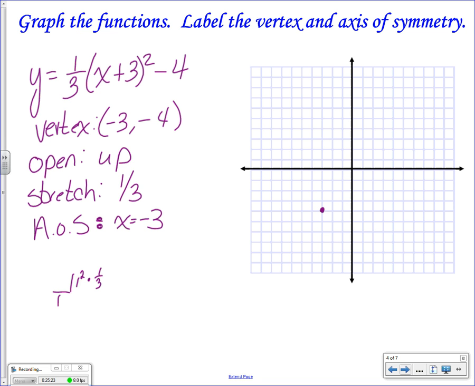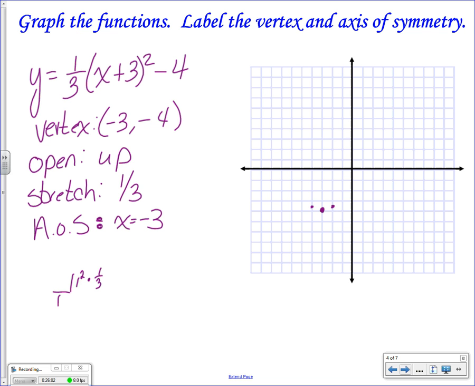So I'm going to go over 1 and up 1/3. So 1/3 of the box, right? 1 times 1/3 is still 1/3. It's approximately 1/3. 1/3 is a little less than half. It's somewhere in that area. These boxes are very small. Deal with it.